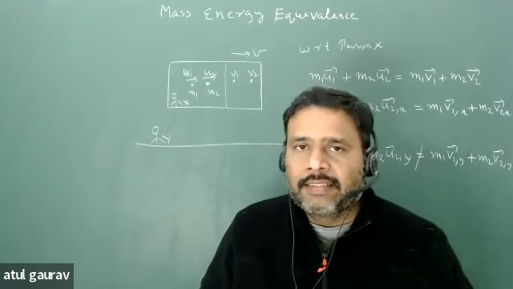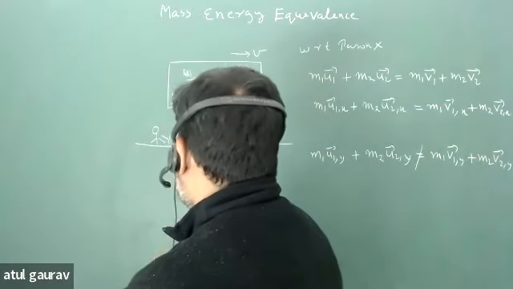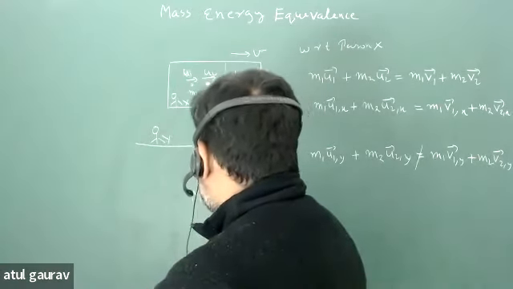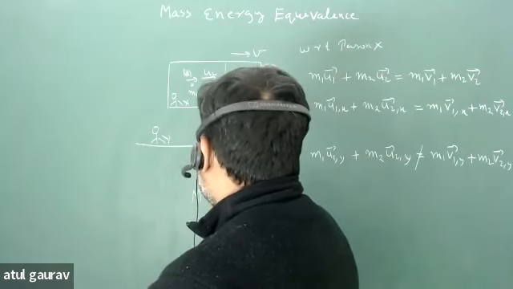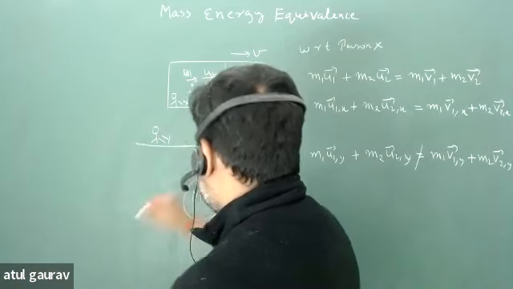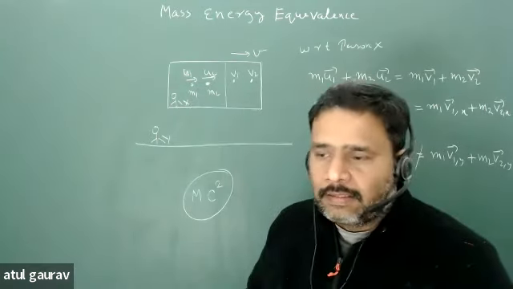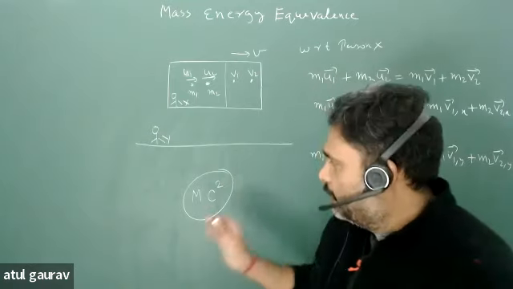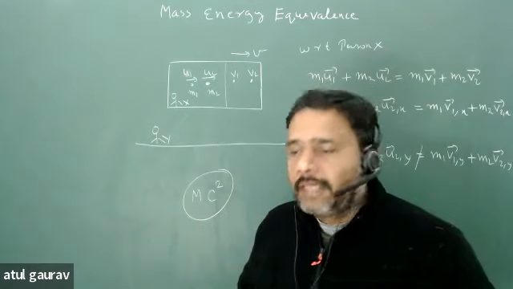Suppose a particle has mass m, then the equivalent energy is mc square. But he first gave the whole thing in terms of rest mass.